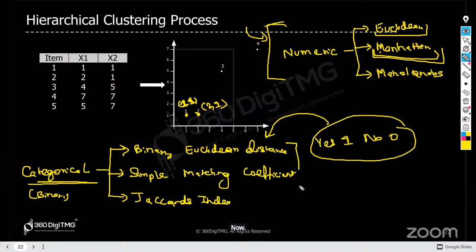Now, what is the use of all this? Why do we have multiple distance formulas? Let's take one example of binary categorical data, and then it will be more clear.